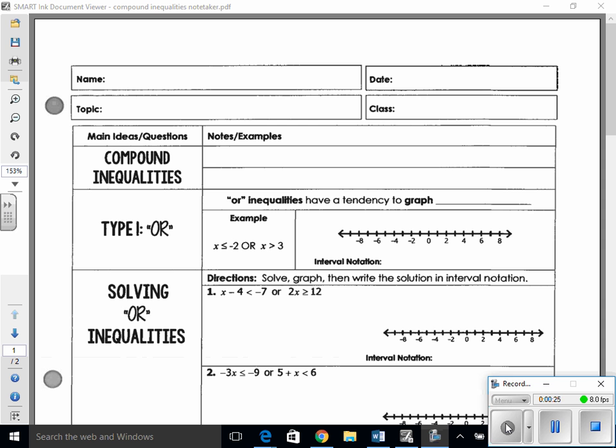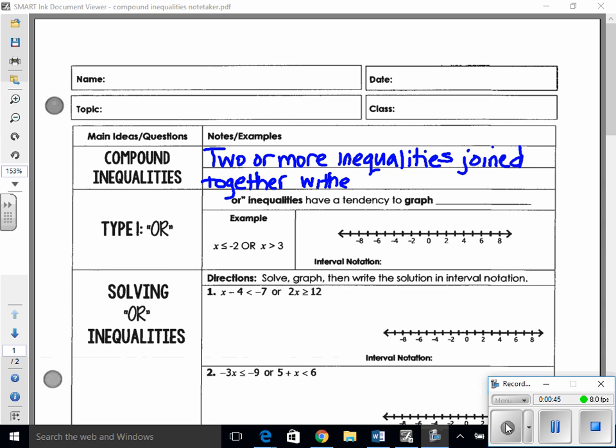All right, so compound inequalities are two or more inequalities joined together with the words "and" or "or."